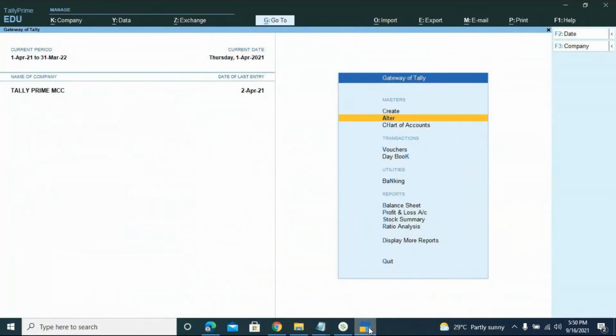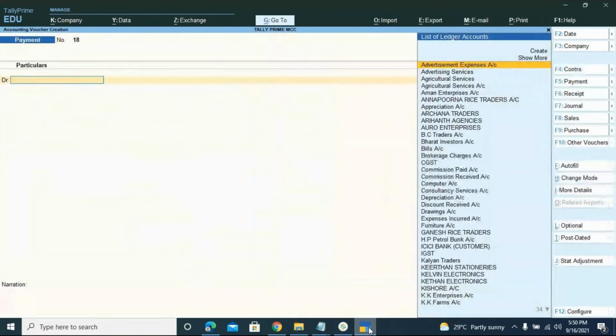Now what we'll do is we'll go to the vouchers and we'll go to the journal voucher. F7 is the journal voucher. In journal vouchers only we pass the TDS based entries. So first is debit the expense ledger. So what is the expense ledger we had created?